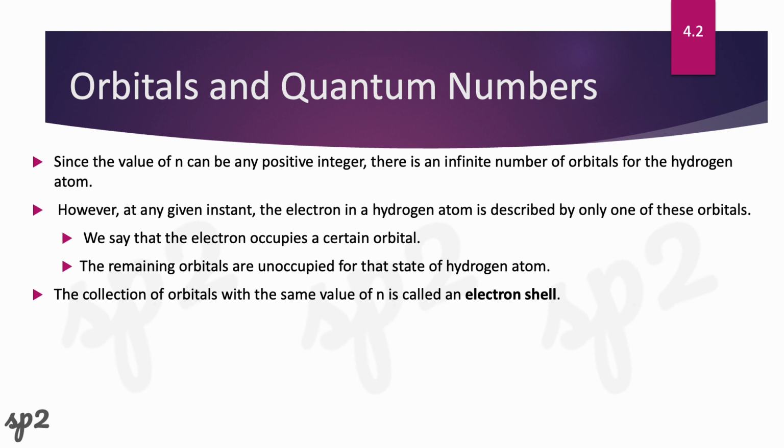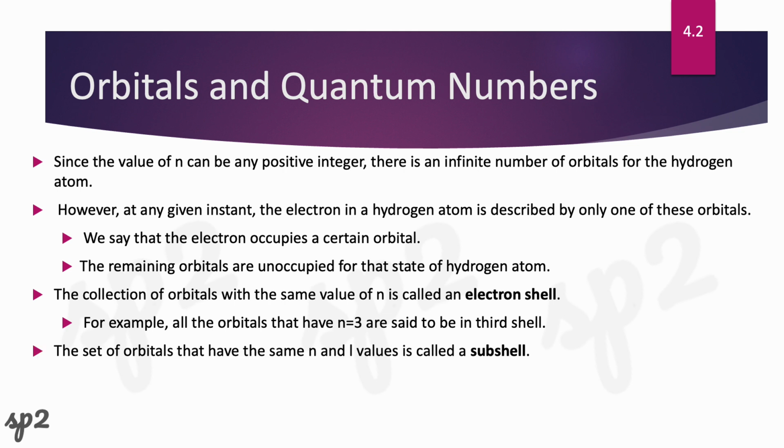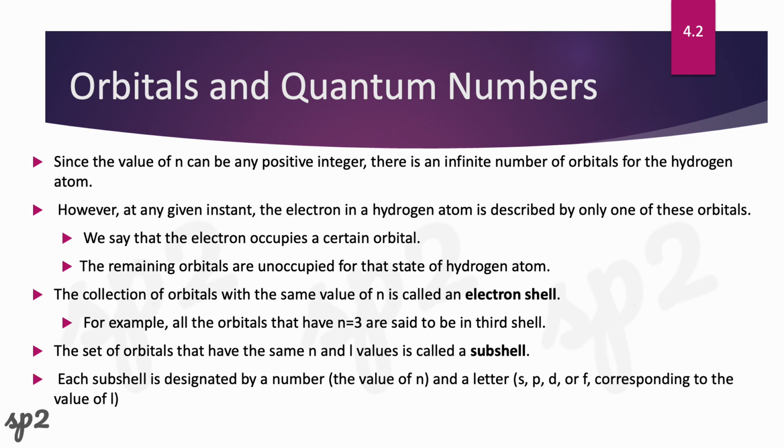Now, the collection of orbitals with the same value of n is called an electron shell. So n equals 1 would be the first shell, n equals 2 is my second shell, and if I have n equals 3, all of those orbitals are on the third shell. The set of orbitals that have the same n and l values is known as a subshell.